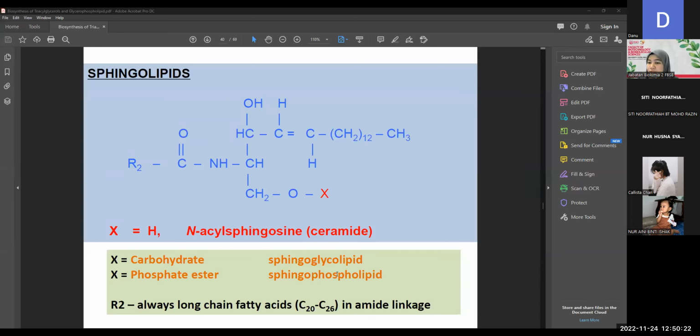Nampak tak dia ada nitrogen, this amino group in the sphingosine structure. If a phosphate group is linked to the ceramide, it will be known as sphingophospholipid.